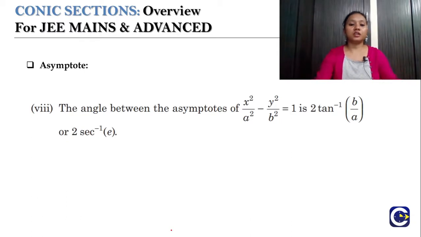So now here, as we have seen asymptotes for our hyperbolic equation, like x square by a square minus y square by b square is equal to 1. So as we have two, there will be an angle between them. Yes or no? So we can even find the angle between those, by using this formula, which is 2 tan inverse b by a.